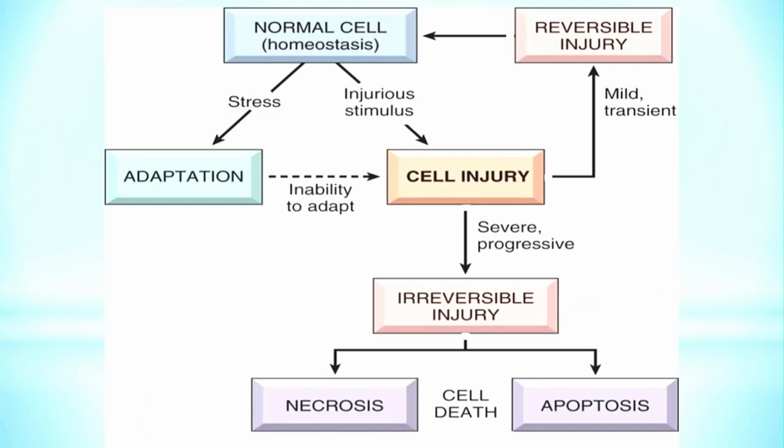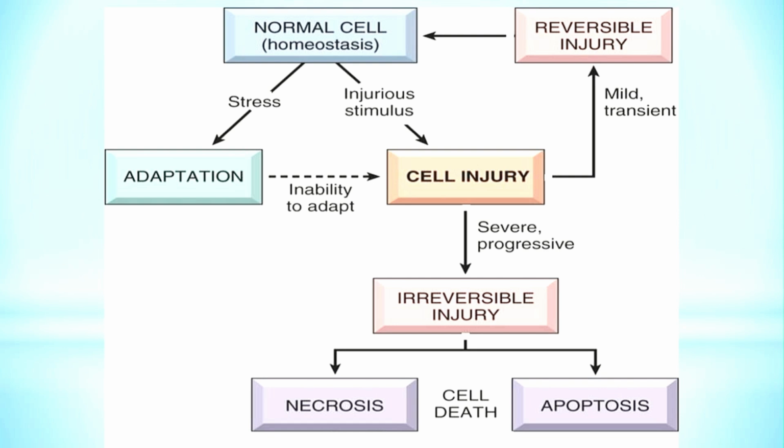Here we see the normal cells in a homeostasis condition. If they undergo stress or injurious stimulation, the stress can lead to adaptation. If the stress is increased, there is inability to adapt, or the injurious agent is harmful from the beginning, the cell will undergo cell injury.